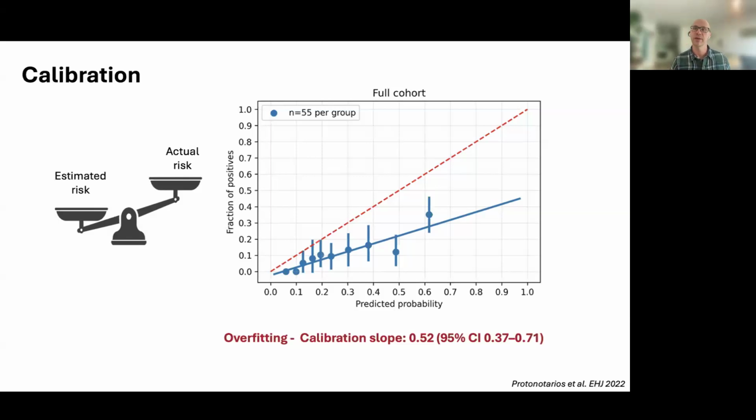Now, what would have happened if you had more data to develop the model on, then the calibration slope would start going up. So if you tripled or quadrupled or have 10 times the size for the development sample, then when you validated the model, that blue line would start moving close to the red line.